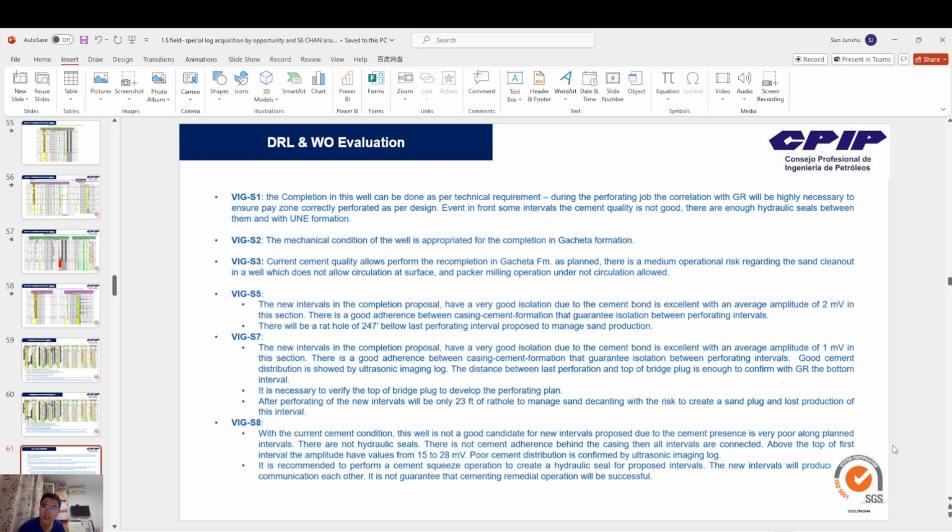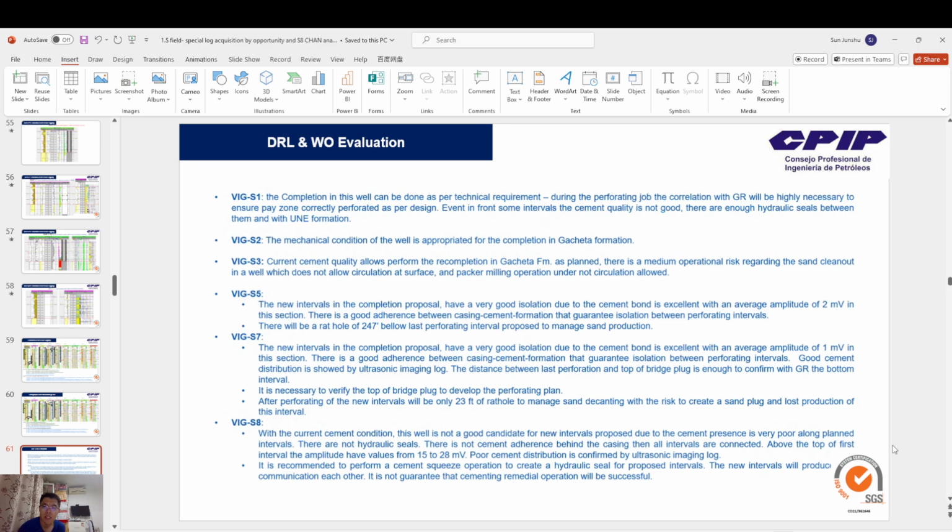Well S7, the new interval in completion proposal has a very good isolation due to the cement bond is excellent with an average amplitude of 1 MV. In this section, there is a good adherence between the casing cement formation that guarantee isolation between perforating intervals.